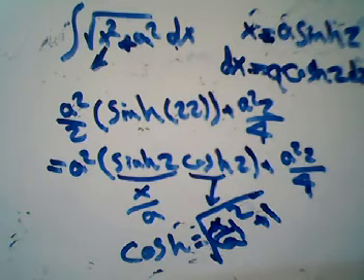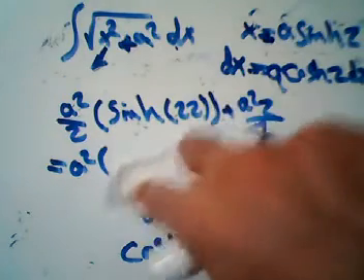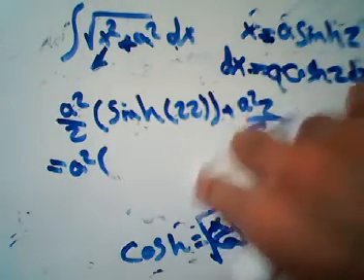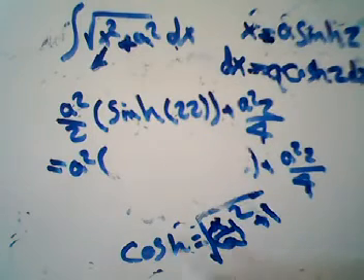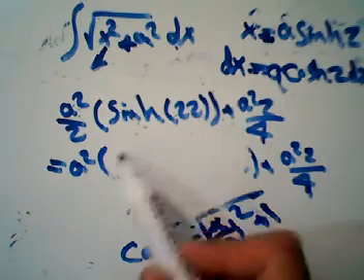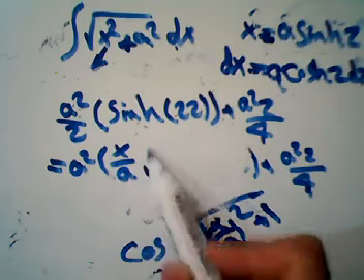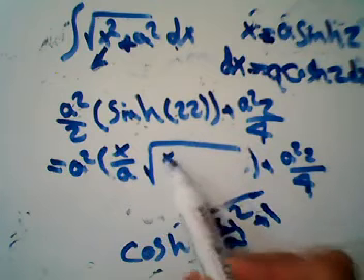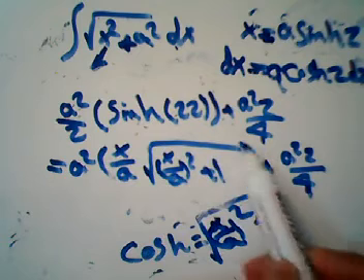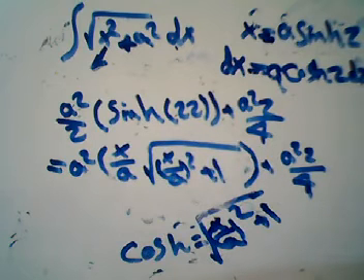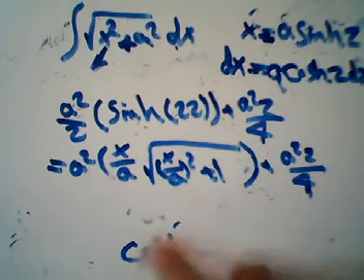Let's write it cleaner. x over a times the square root of (x over a) squared plus 1, plus a squared z over 4.